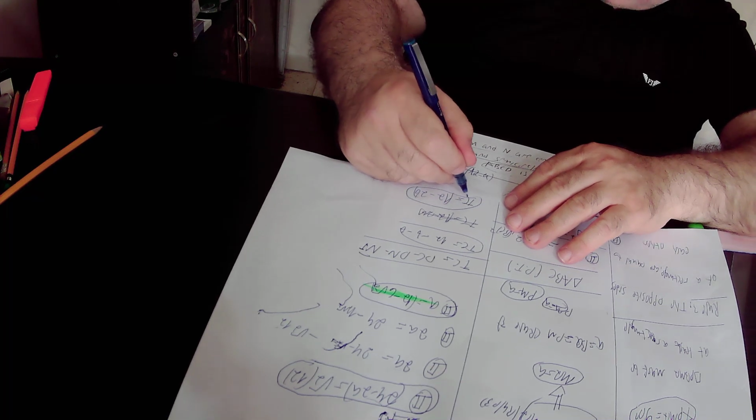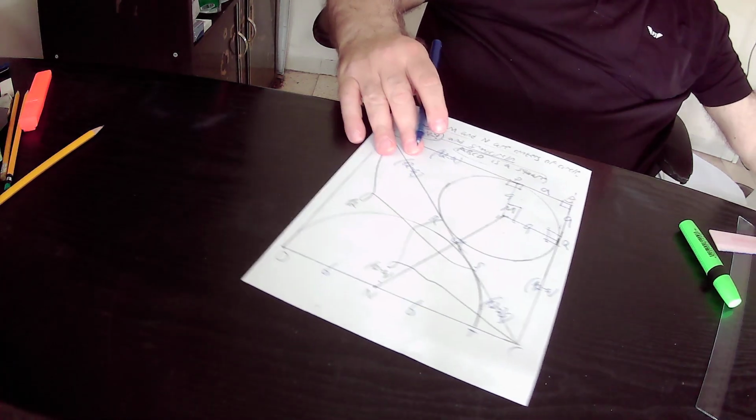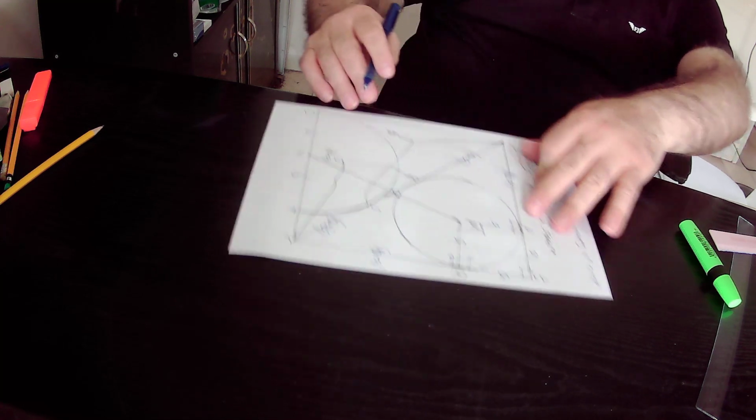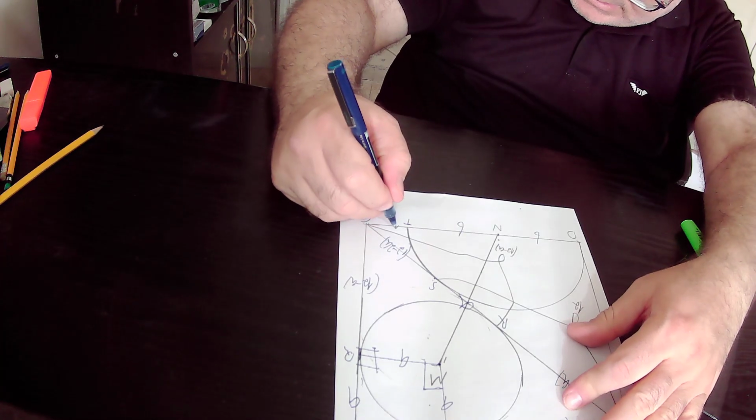So you can write here that TC is equal to 12 minus 2b.